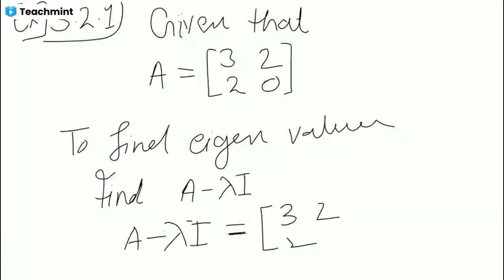Exactly, then only the vector we will find. If we take any value, you are taking 3, for example, this is very simple. Obviously, the final eigenvector you will form the same way.